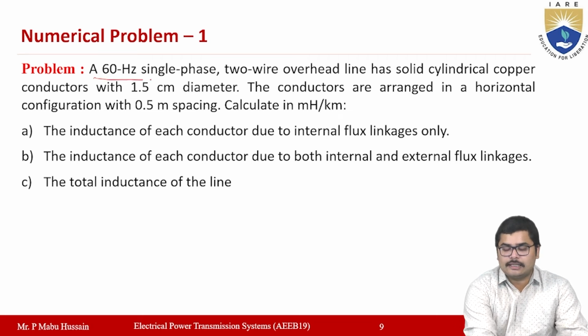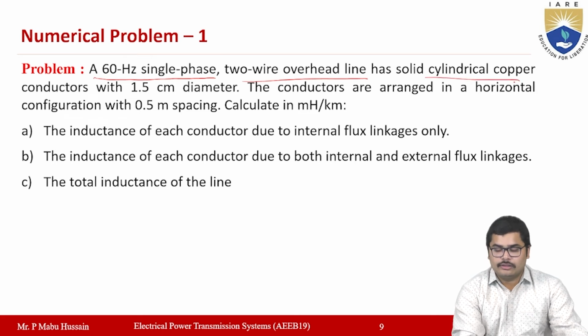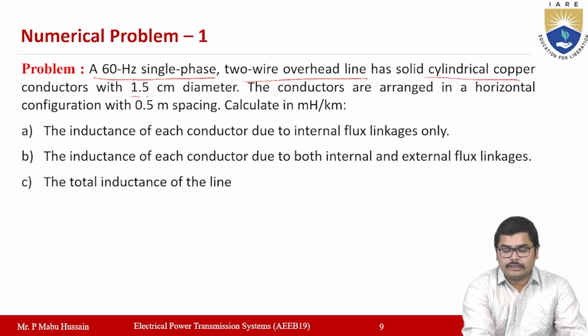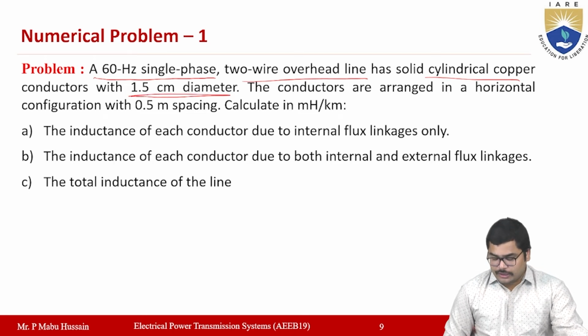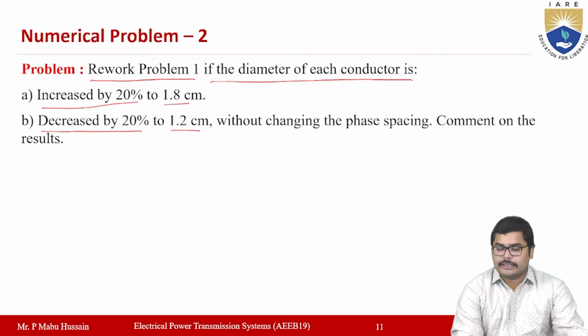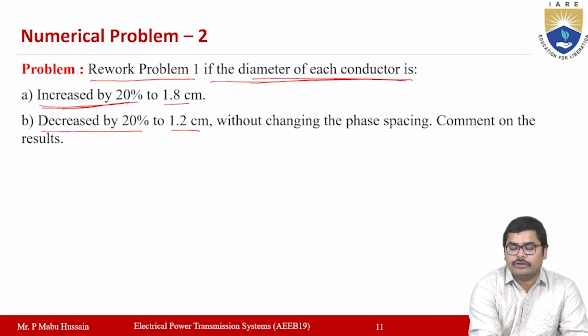It is a 60 Hz single phase 2-wire overhead transmission line with solid cylindrical copper conductors. Here a 1.5 centimeter diameter is given. Now in the second problem you have to increase the diameter of each conductor by 20%.